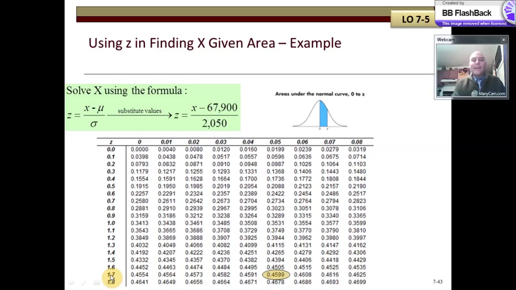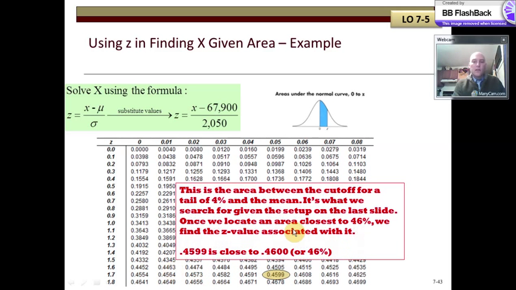The corresponding z-score for that, I start by going to the left here and find 1.7 and then 5 on the hundredths. That's the z-score that would give me an area of 0.4599, but it's close.